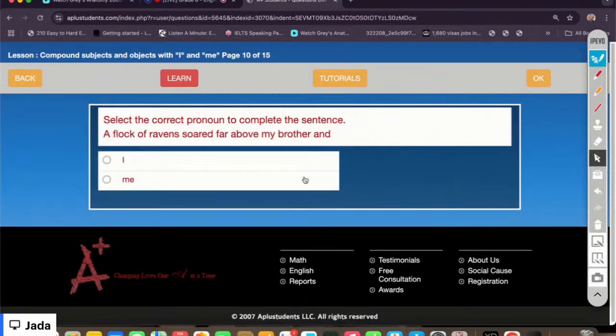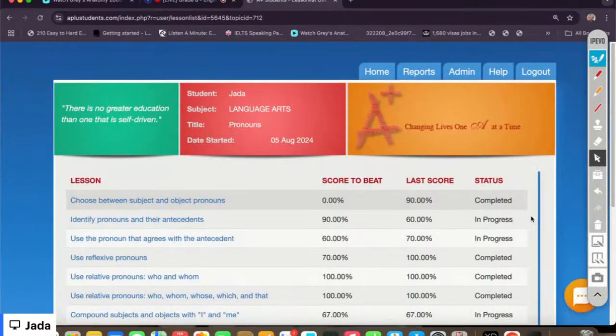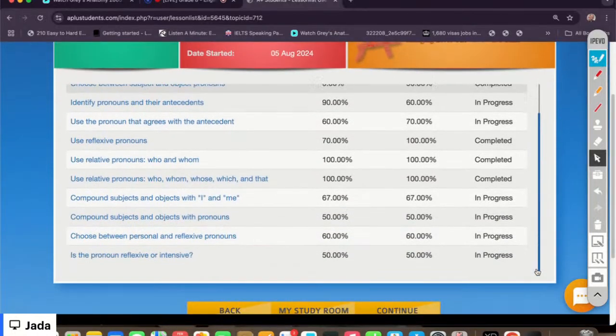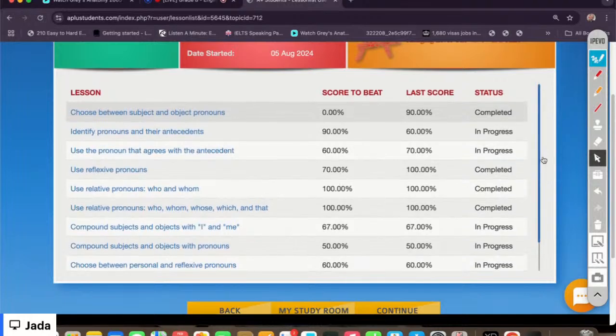Okay, so you have to make sure that you complete this lesson, if you haven't done it. And then the next time, we will finish our lessons on the pronoun. We've had the lesson for pronoun for a while, so you have to make sure that you try to complete it because it's a lot on the pronouns.